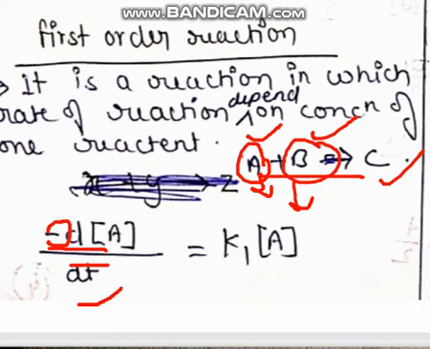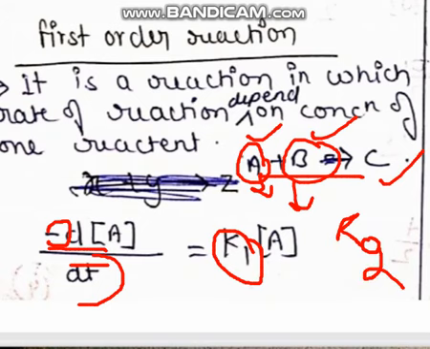And here K1 is the reaction rate constant for first order kinetics, and if it is K0, it means by simply seeing the equation we can say it is going to follow zero order kinetics, and if it is K2 it means our drug is getting degraded by following second order kinetics. So from here we can say the drug is going to be degraded because of first order kinetics.